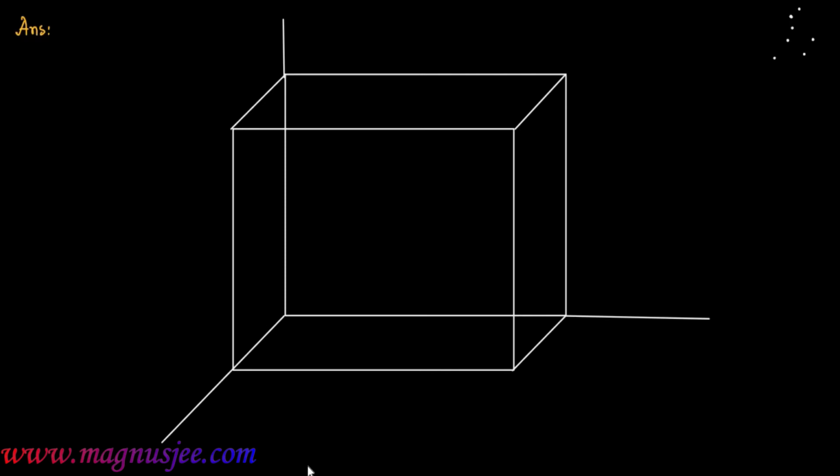For this, we can consider a cubical container in which there are n number of gas molecules of an ideal gas. We can consider the three-dimensional axis, that is x, y, z, and O be the origin. At the origin O, we can consider a cubical container containing ideal gas. ABCD is a vertical wall.